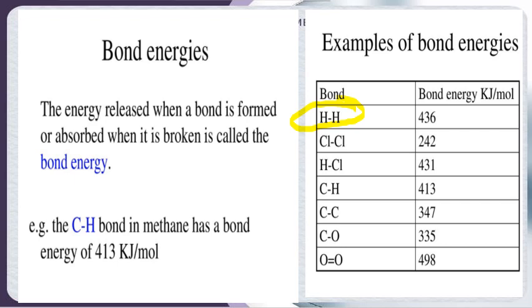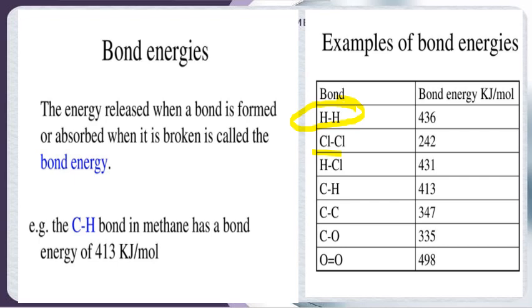Same is here for Cl2, which needs 242 kilojoules per mole of energy to break the bond between two chlorine atoms, and if the molecule is formed, the same amount of energy will be given out, that is 242 kilojoules per mole.